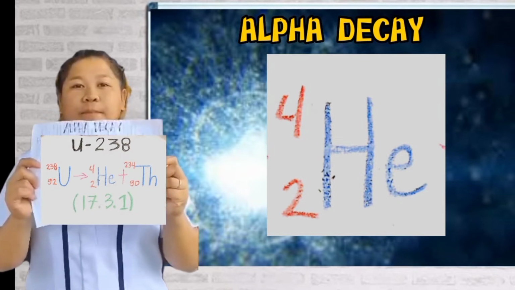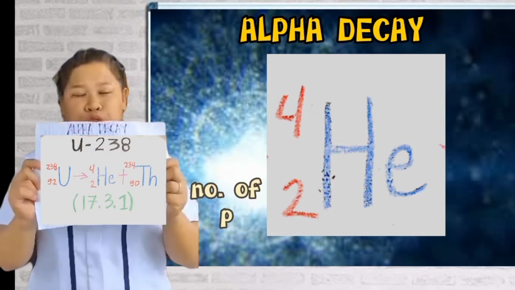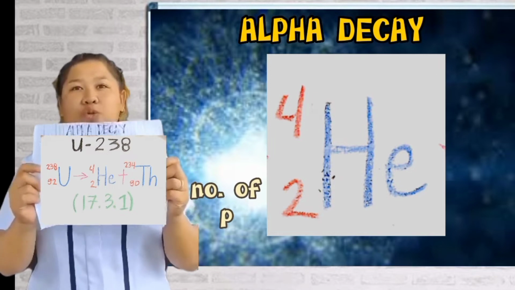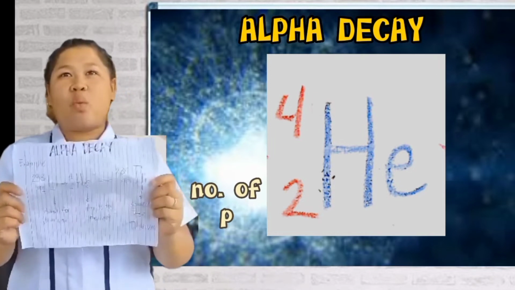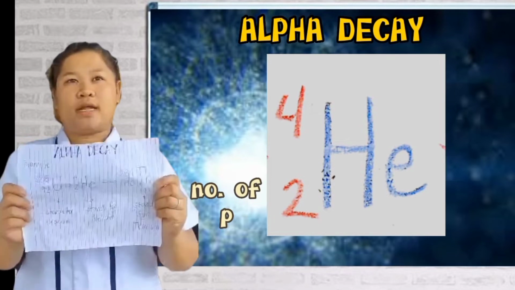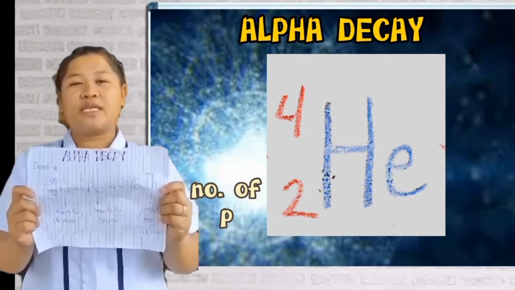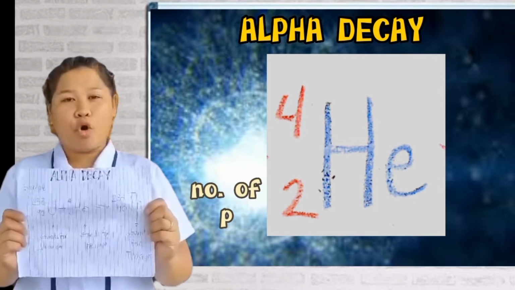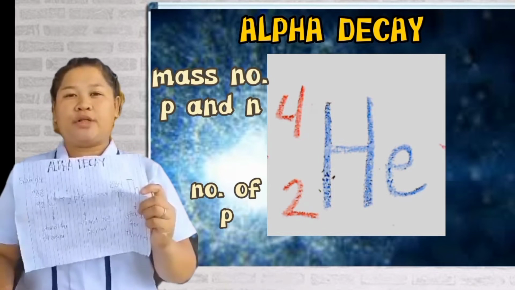The bottom number in a nuclear symbol is the number of protons. That means the alpha particle has 2 protons in it that were lost by the uranium atom. The 2 protons also give a charge of positive 2. The top number, 4, is the mass number, the number of protons and neutrons in the particle.